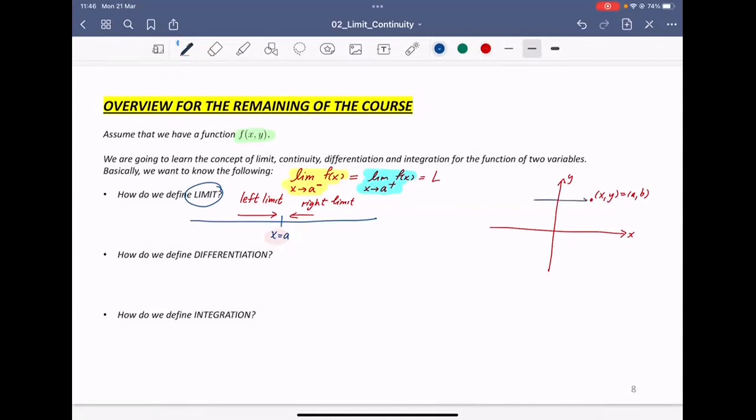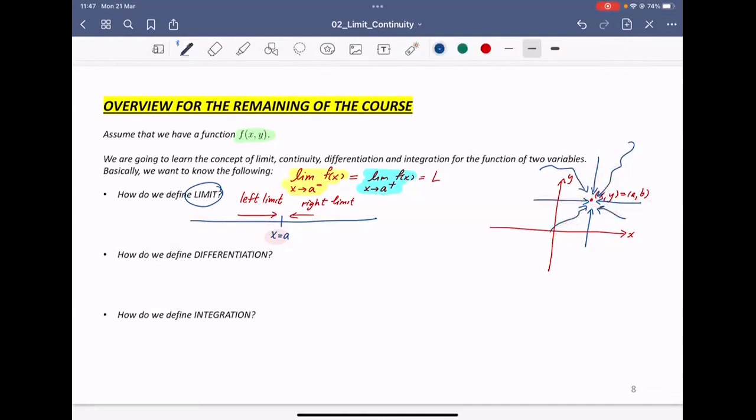You have the left-hand limit, the right-hand limit, the upside limit, the downside limit, and any line that approaches here. How would you define the limit then? Because it is not 1 dimension where you have x equal to a and only a left-hand and right-hand. Here you have so many lines you can use to approach the point (a,b).